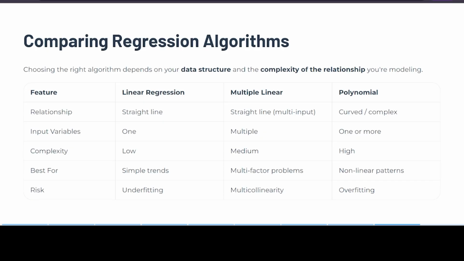Polynomial regression has high complexity. Why? Because it has one problem, and that is the overfitting problem. Polynomial also builds a line, but the data will be more huge, so it provides a curved, complex fit. That overfitting issue is caused by polynomial regression. It is best for simple trends, multi-factor problems, and non-linear data. The risk: linear regression suffers underfitting, and multiple linear regression faces multicollinearity.